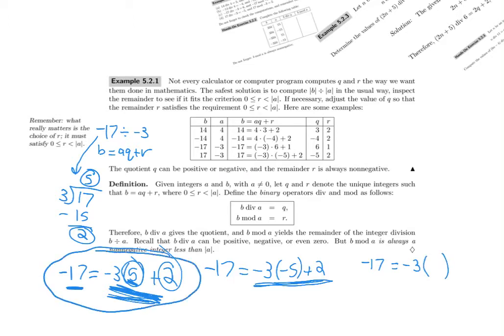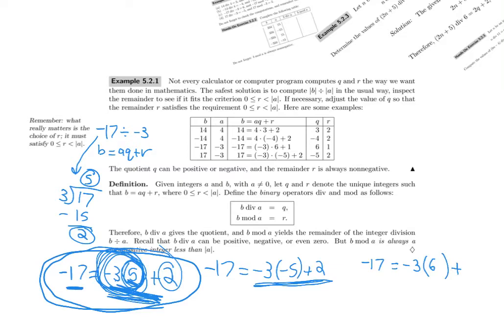Because over here, the right-hand side ended up being negative 15 plus 2, which is negative 13. That wasn't negative enough, which means I need a bigger negative number here. So I'm going to choose 6 as the number I multiply by the a, which is the negative 3. And what we have so far is negative 3 times 6, which is negative 18.